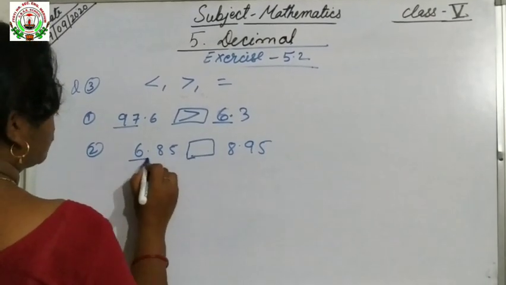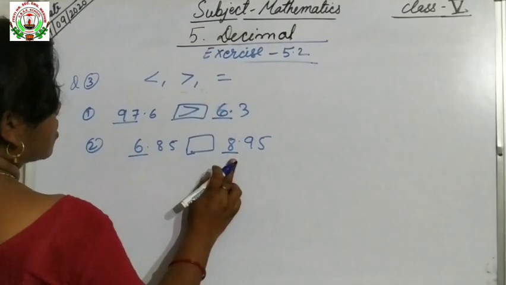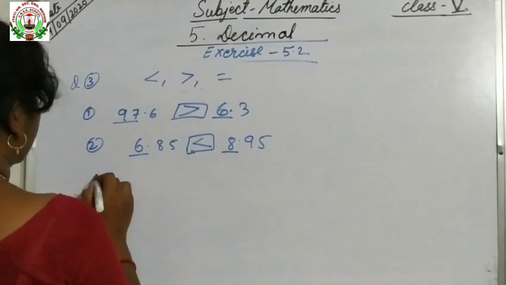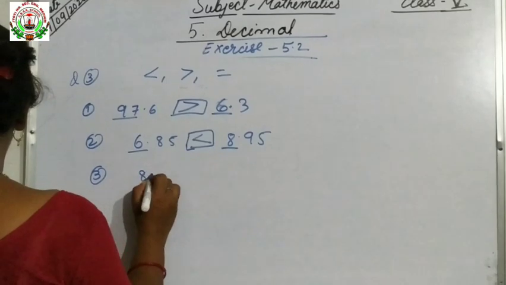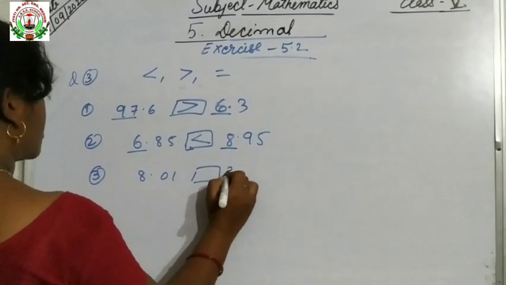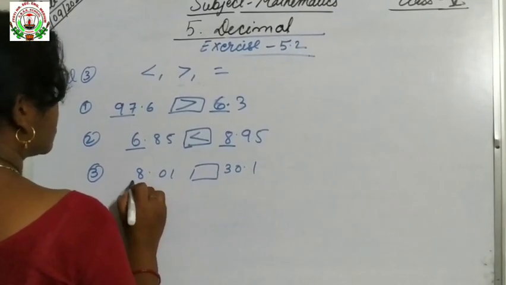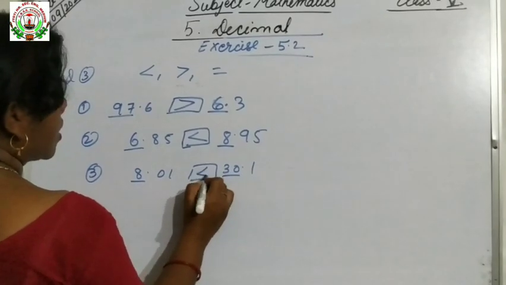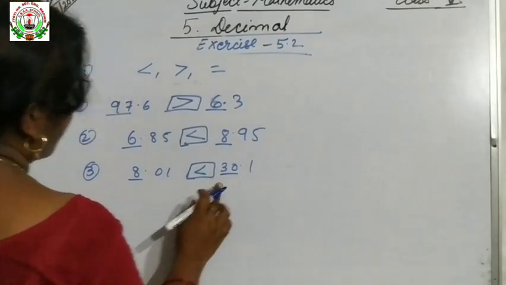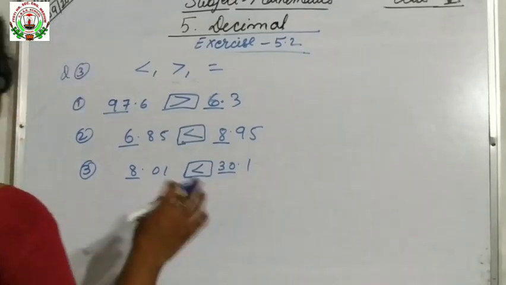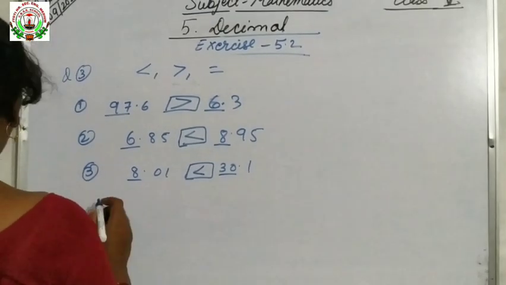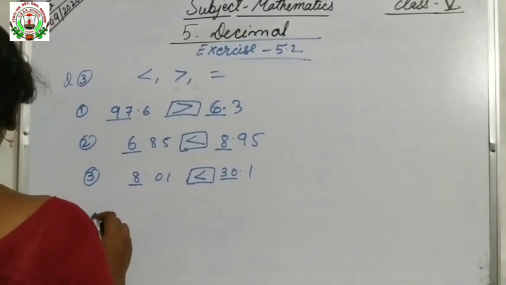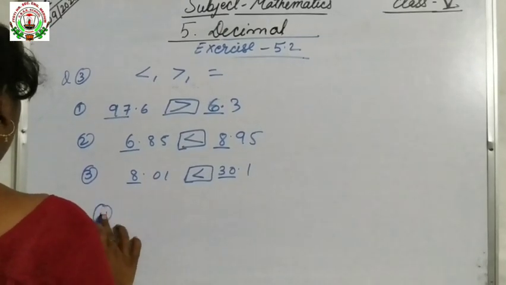First we will see the whole part. It is 6, it is 8. So which is greater? 8 is greater. Similarly in 3, 8.01 and 30.1. So which is greater? 8 or 30? 30 is greater. So if the whole part is greater, then that decimal number will also be greater.